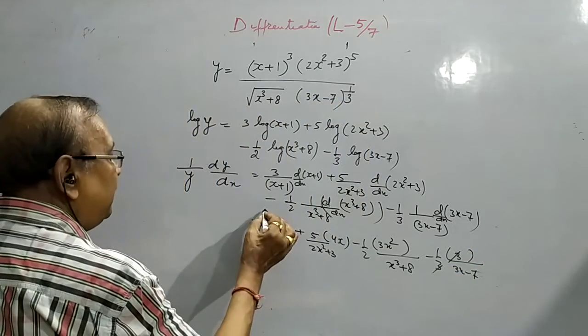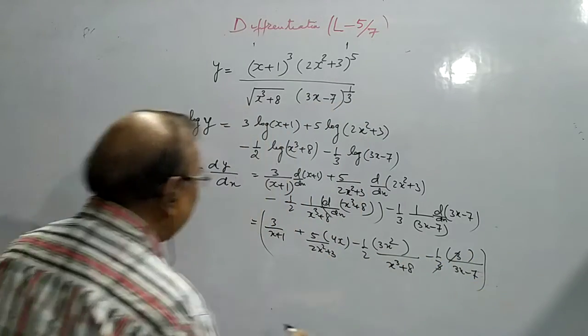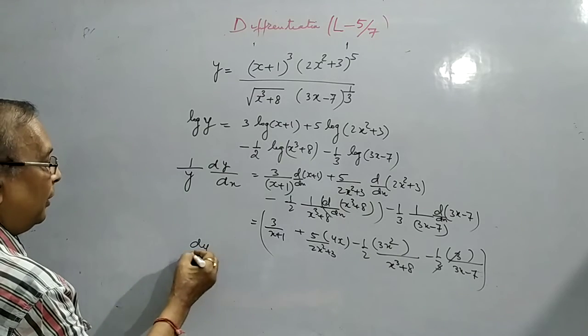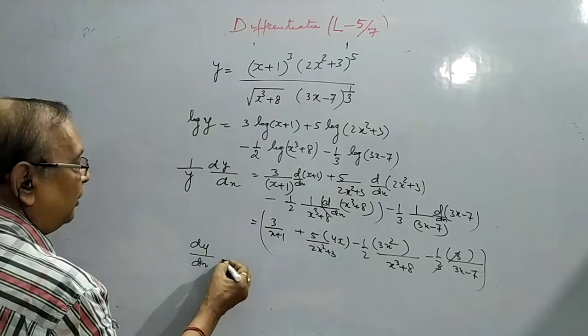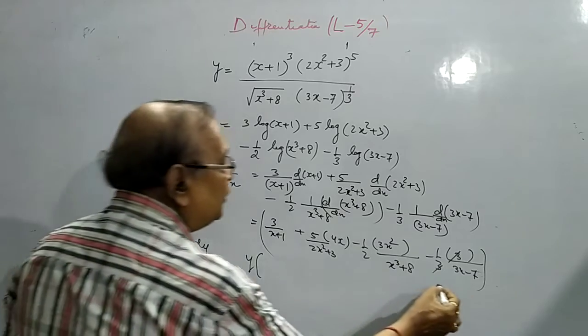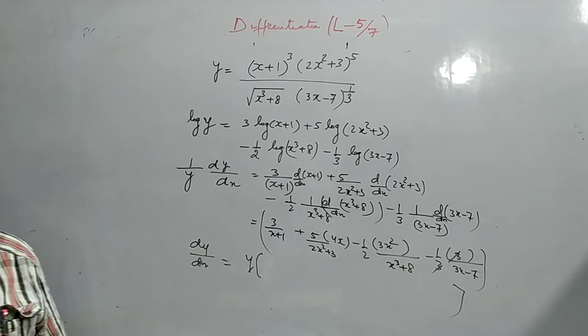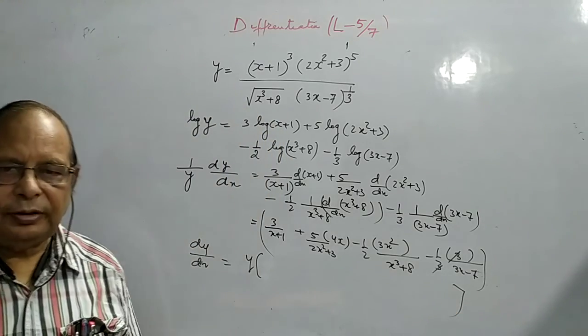Now we may write it like this, and dy by dx we get by multiplying y times the whole. That's all. Thank you.